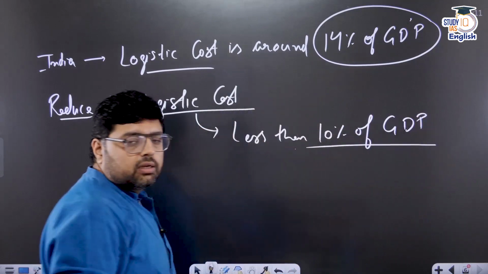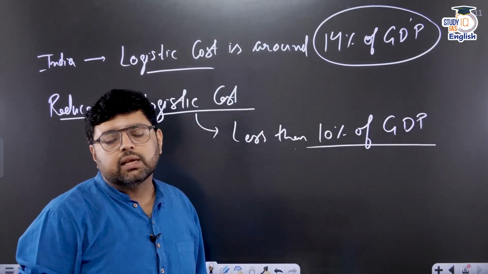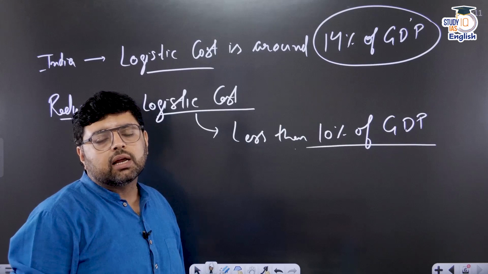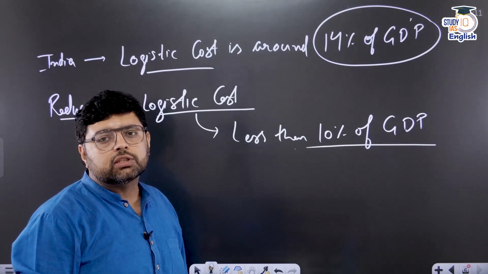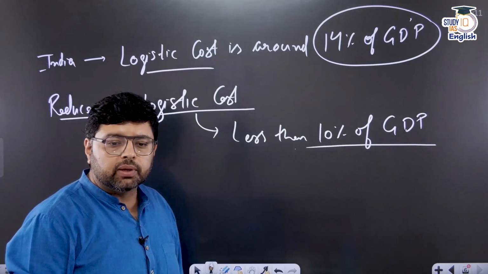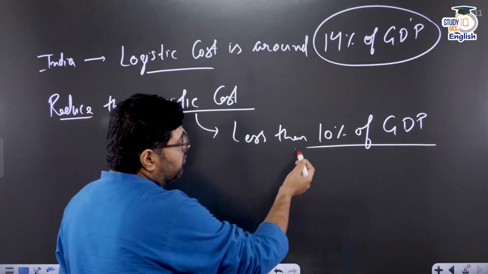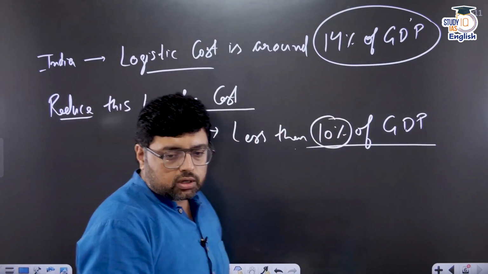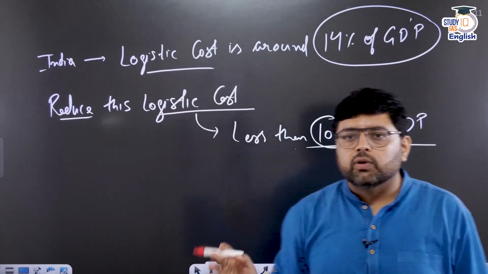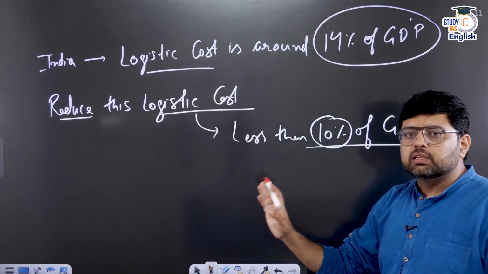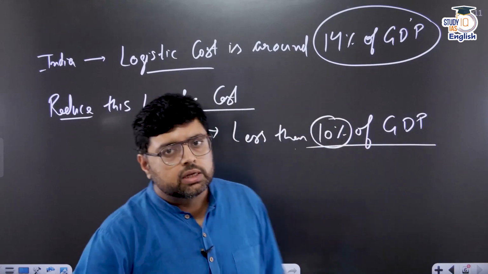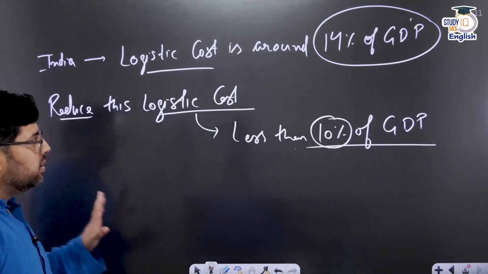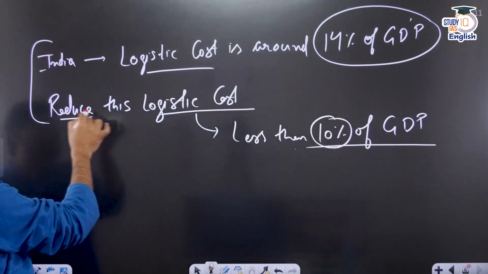Whereas if you see countries like US, China, their logistic cost is less than 6% of GDP. Okay, but still, even if we bring it to less than 10%, it's a great achievement for us. But it is still more than what other countries like US, China have. But now government has kept that it should be brought to this.